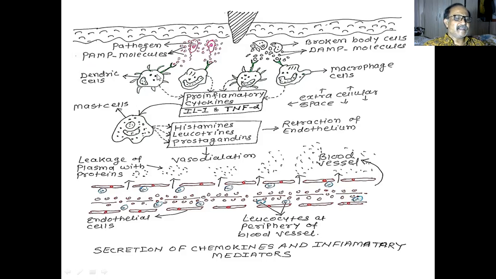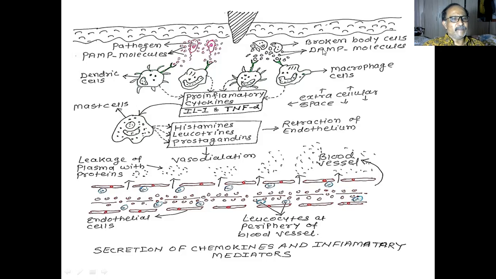These macrophage cells and dendritic cells recognize these pathogenic molecules and these damaged cell molecules with the help of their receptors. इनके जो receptors रहते हैं, ये receptors क्या करते हैं? ये सेल डैमेज हो गए, उसके मॉलिक्यूल्स अलग हो गए तो ये रिकॉग्नाइज करते हैं. देन ये जो पैथोजेनिक मॉलिक्यूल्स है, तो पैथोजेनिक मॉलिक्यूल ये जो रिसेप्टर रहते हैं डेंड्रिटिक सेल के और मैक्रोफेज सेल के, वो क्या करते हैं? वो मॉलिक्यूल के साथ बाइंडिंग करते हैं. Then that cell recognizes the foreign molecules of pathogens and also recognizes these molecules from the damaged cells.